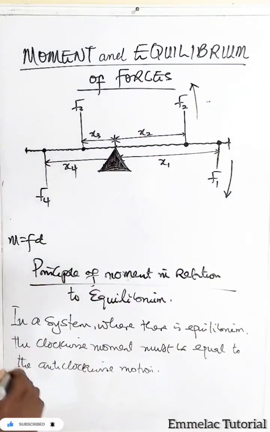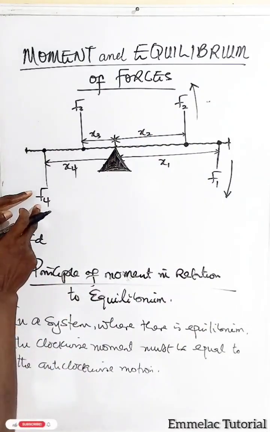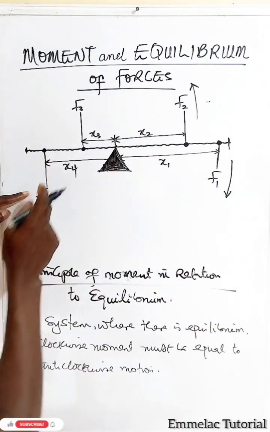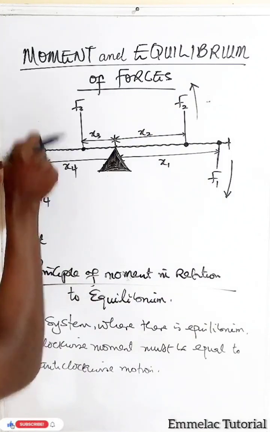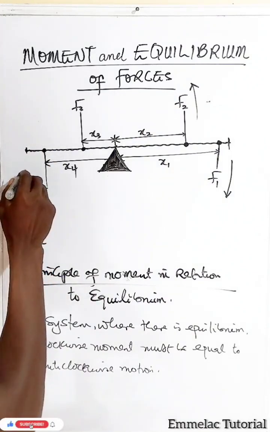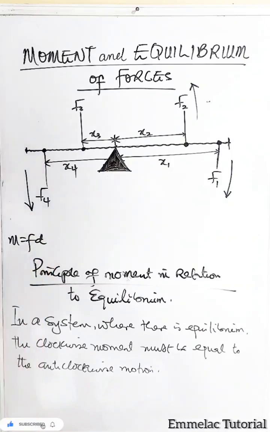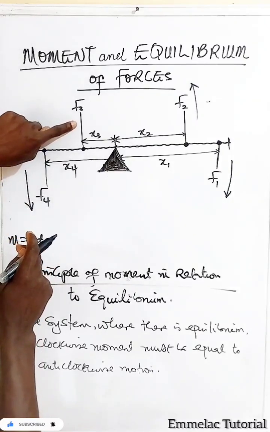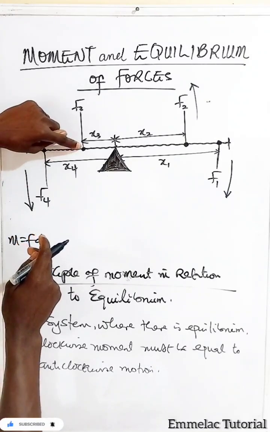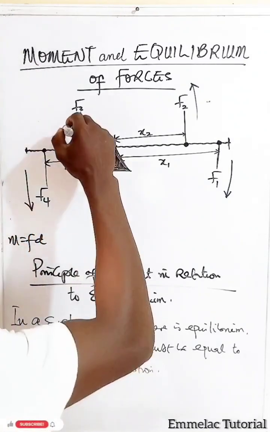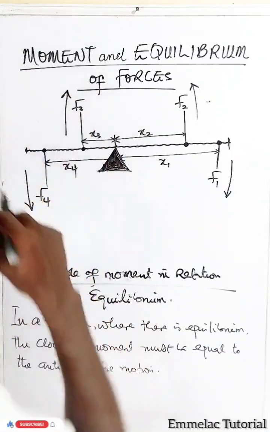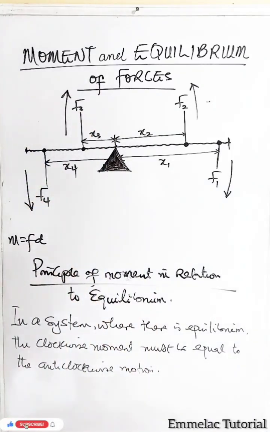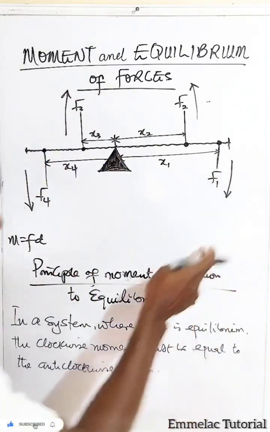Now let's come to this side. This one also F4, right? Now if you are to tie a rope now and pull yourself, this one move downward, right? Okay, so in the same vein, this guy F3, if you are to put your rope here and pull, you will move upward, right?